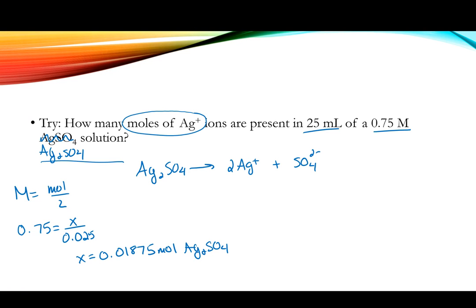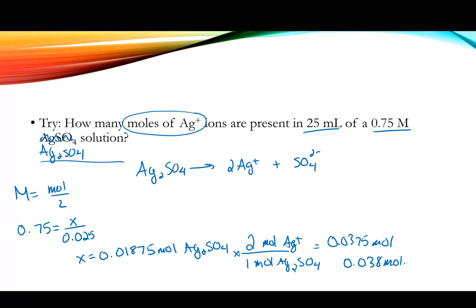And then doing the same thing that we did on the last slide, using my balanced reaction, for every 1 mole of silver sulfate, I get 2 moles of silver ions. So it's going to be 0.0375 mole. I can only have 2 sig figs, so 0.038 mole of silver ions.